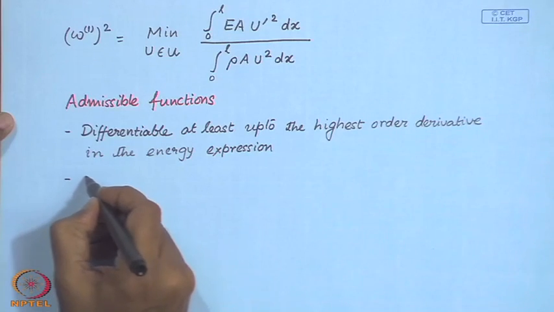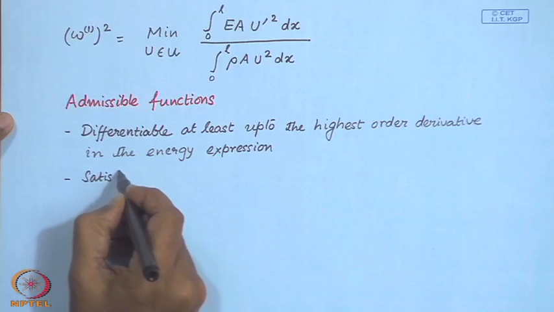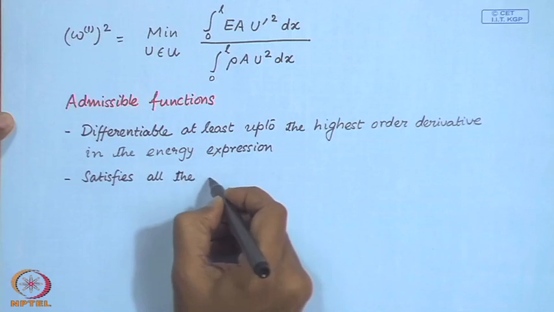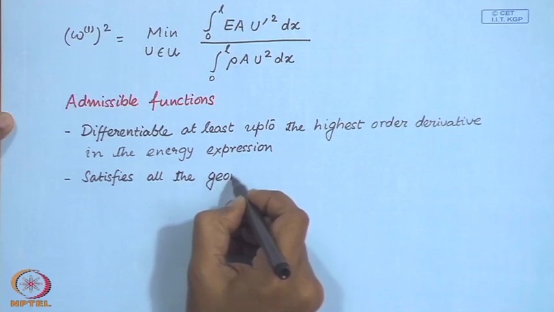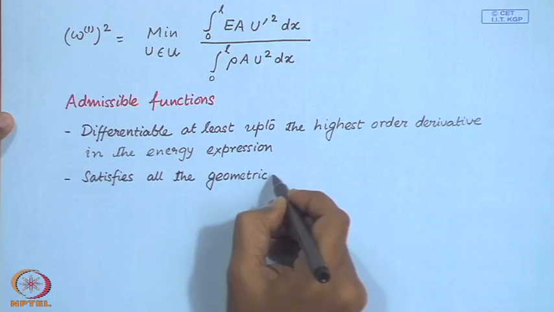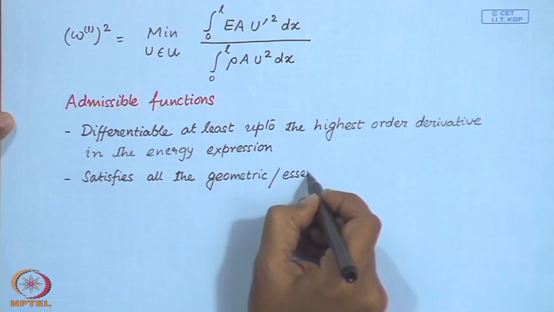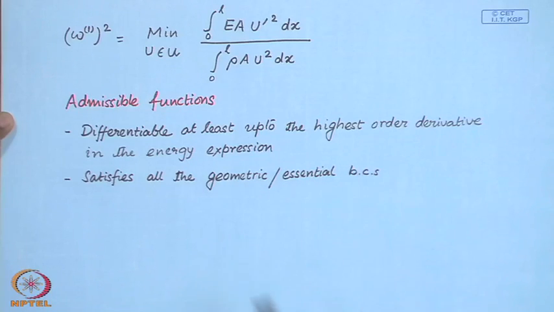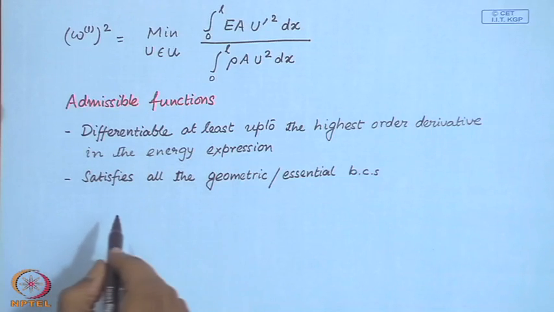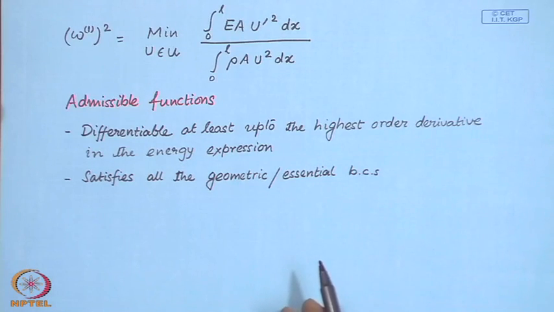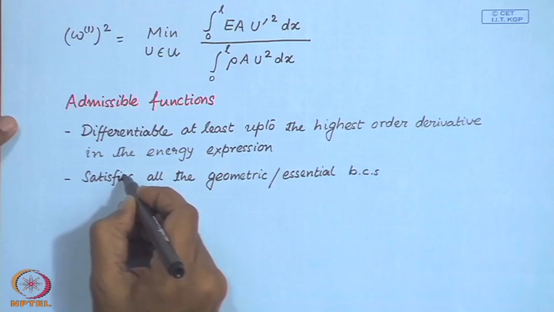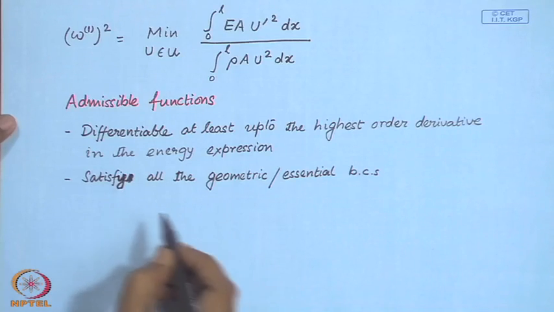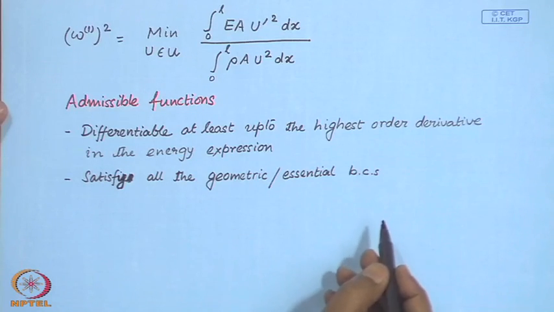The second important property that it should satisfy is that it should satisfy all the geometric or essential boundary conditions of the problem.